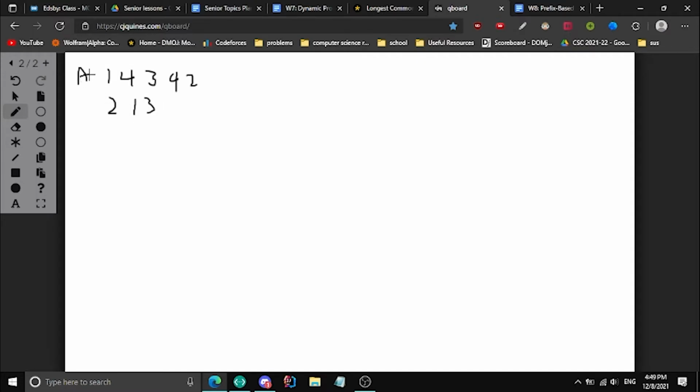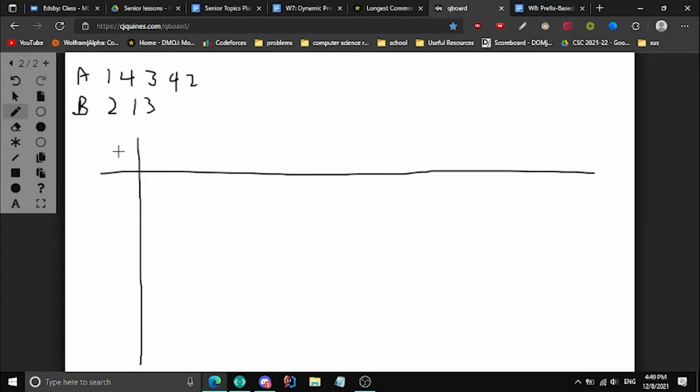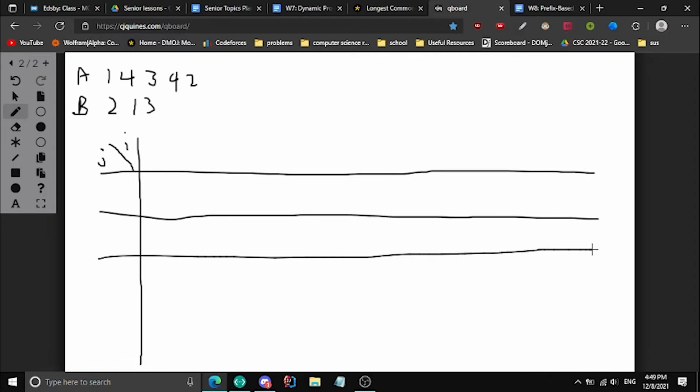So this is A, this is B. Okay, actually I'm going to do i as the X and j as the Y, as the columns, I mean. When you're coding, it's not going to be the case, but it's just better fitted on this page here.